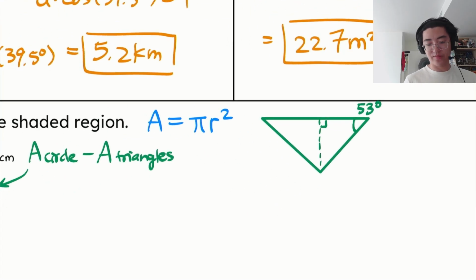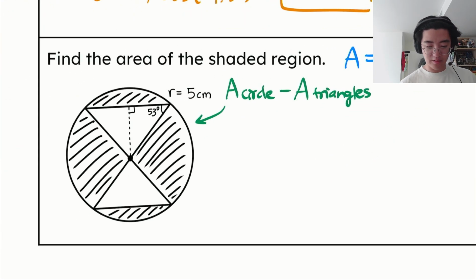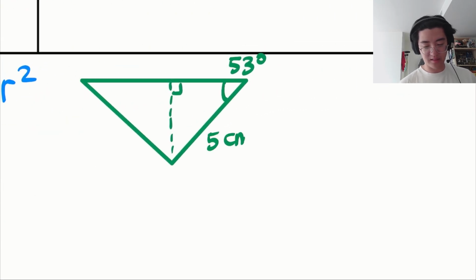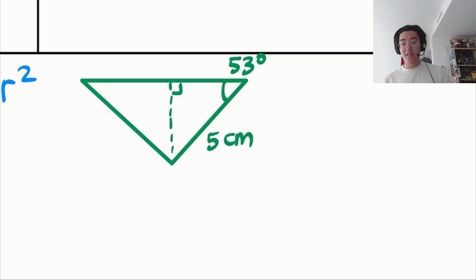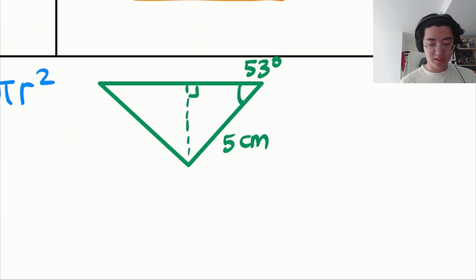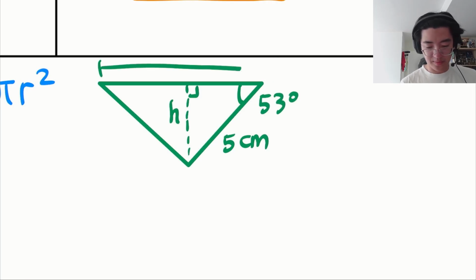And the last piece of information we know is that the radius of the circle is 5 centimeters, which means that this diagonal side is 5 centimeters. Okay, so we have all the information that we need. We can first find the area of this triangle, which means that we need to find the height of this triangle. And I also need to find the base.